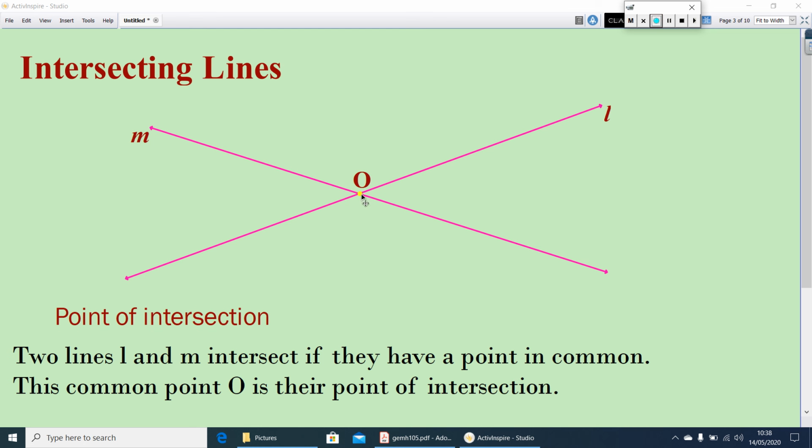If they have a common point, then we can call those lines intersecting. And that common point O is the point of intersection. Here L and M are intersecting. O is the point of intersection. So please note it down.